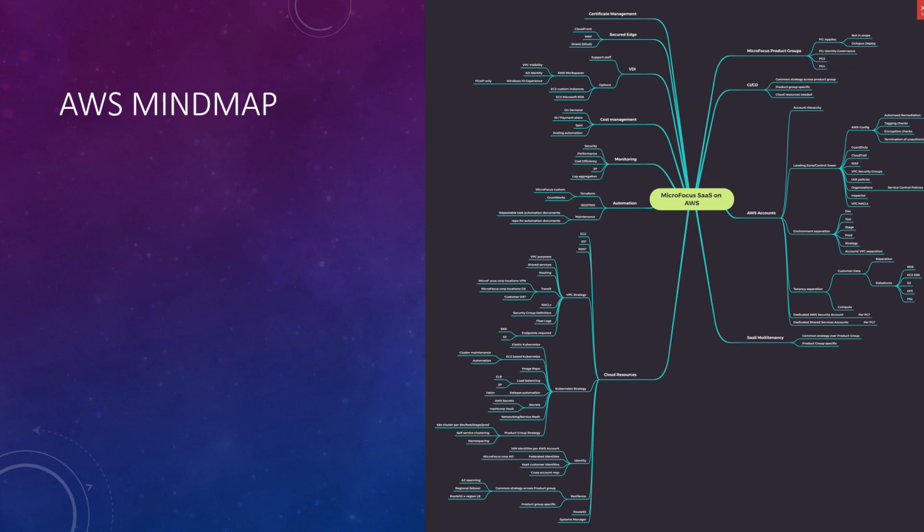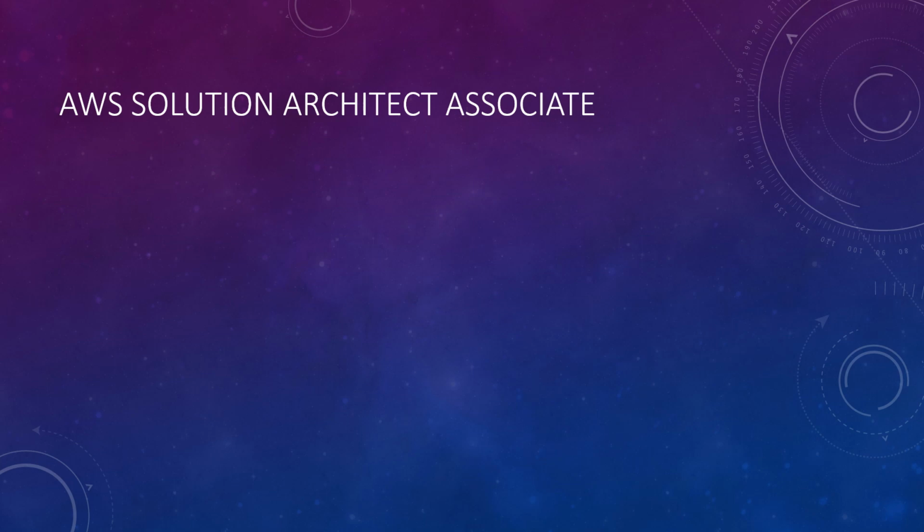You have to scroll right into it and zoom right into it, but once you get in there, you'll see the detail of each of the sections and what you need to know. So I think it's a really good way of planning for your certification exam to make sure you know everything you need to know. So let's go straight on into the AWS Solutions Architect Associate information.